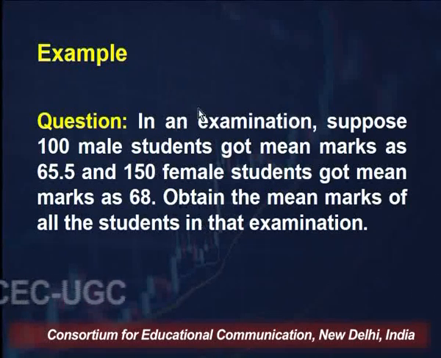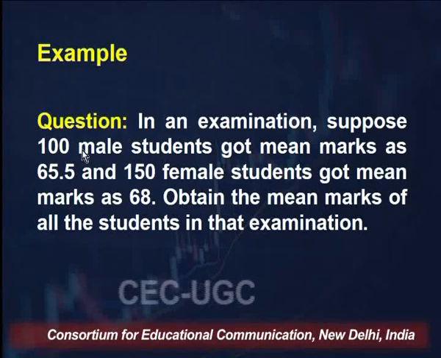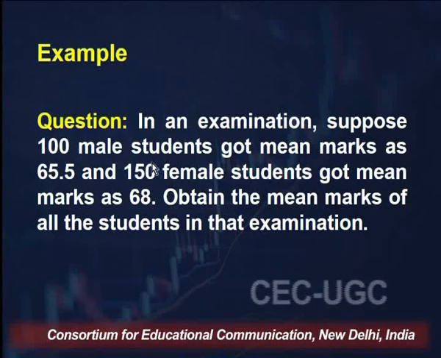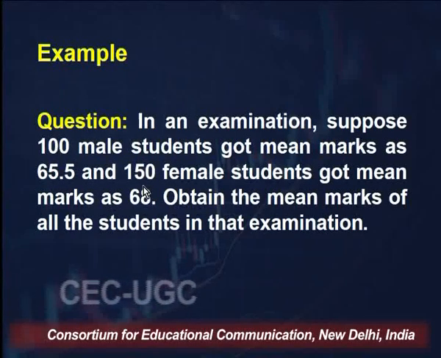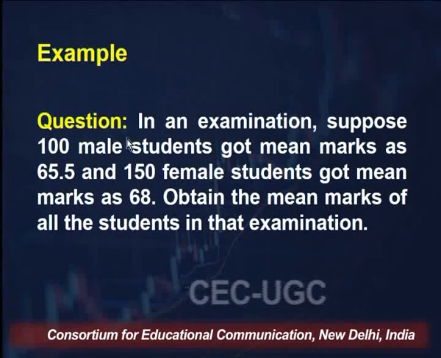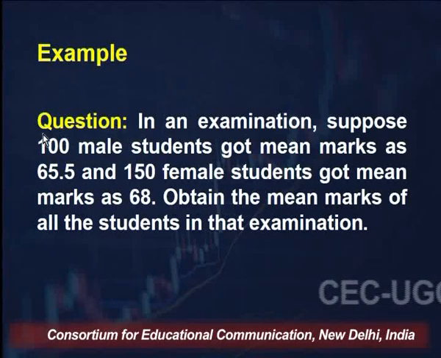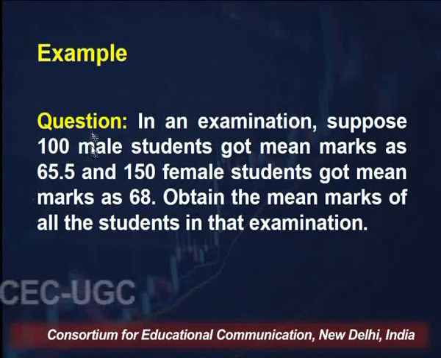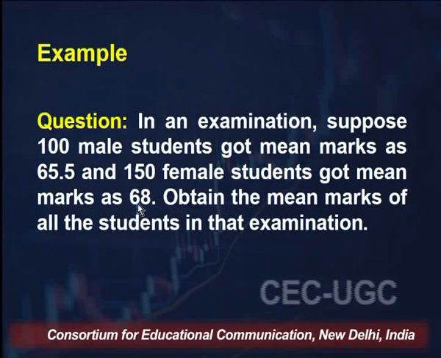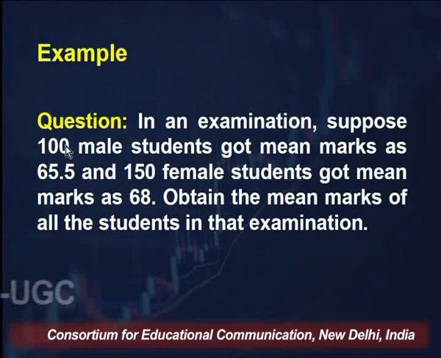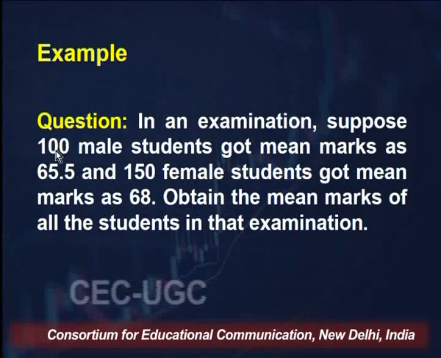So in the examination 100 male students appeared and 150 female students appeared. So the total number of students that appeared is 100 plus 150, which is 250. Now instead of giving the individual marks of the 100 male students, what we have is the mean marks of male students, and similarly the mean marks of female students. I will show it in my next slide.